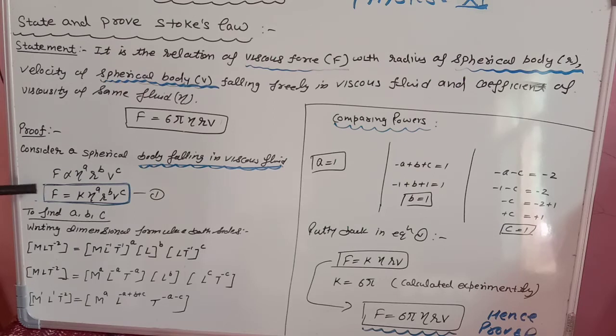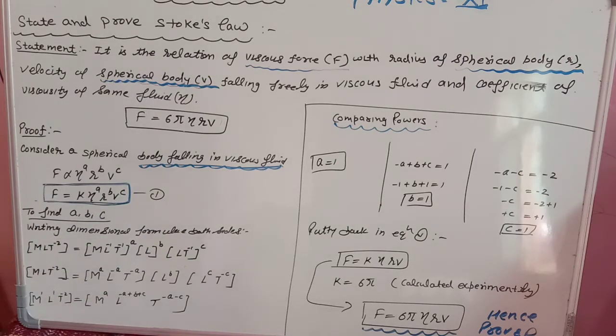You know the dimensional formula of force is M L T^-2. The dimensional formula of eta, which you must know from the last lecture, is M L^-1 T^-1. The dimensional formula of R is radius, one type of length, so it is L. The dimensional formula of V, velocity, is L T^-1.